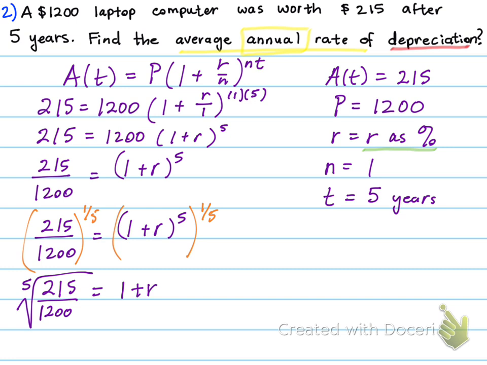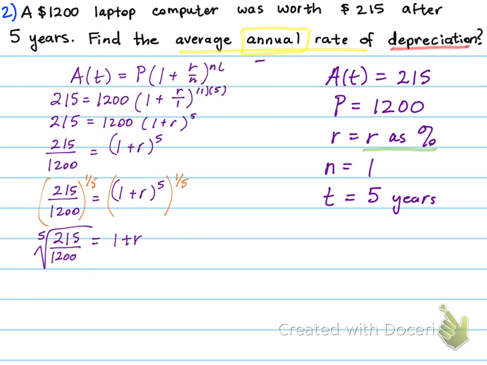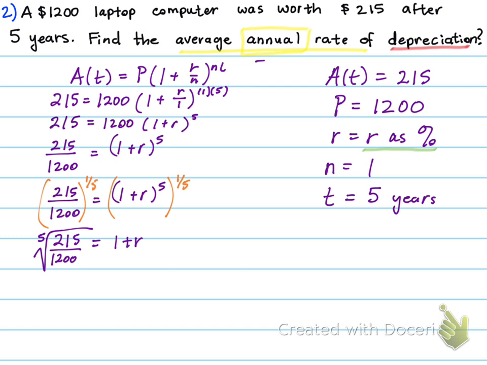But again, I need to get R by itself. So to get R by itself, I would then need to subtract 1 from both sides. So I have the 5th root of 215 divided by 1,200 minus 1 equals R. And from here, this is where you grab your calculator. I'm going to do the 5th root.